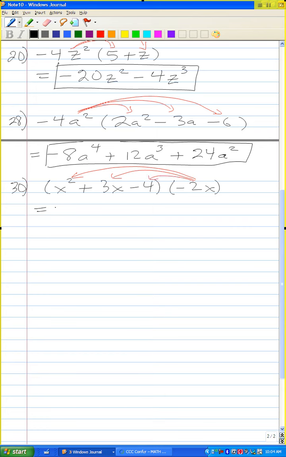And so positive times negative is negative. 2 times 1 is 2. X squared times x, x cubed. Positive times negative is negative. 3 times 2 is 6. X times x, x squared. Negative times negative, positive. 4 times 2, 8, x.